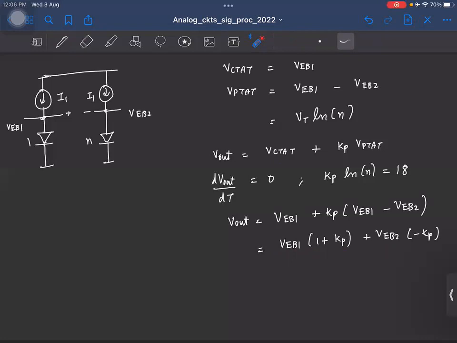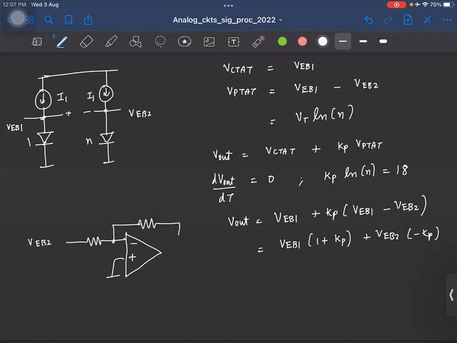Right. So basically, this is the gain of a non-inverting amplifier that you will make using an op-amp, and this is the gain of an inverting amplifier, right? So for example, if I take VEB2 and do this, let me ground it for now. And if this is R2 and R1, you know that at the output, this VEB2 will be scaled by minus R2 by R1.